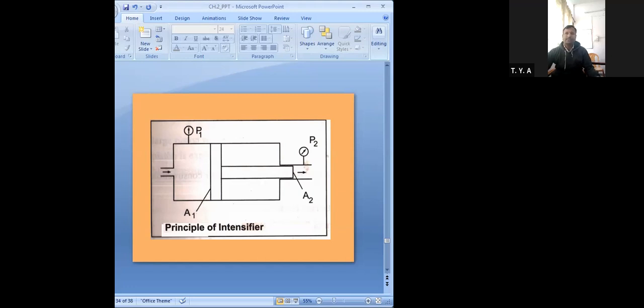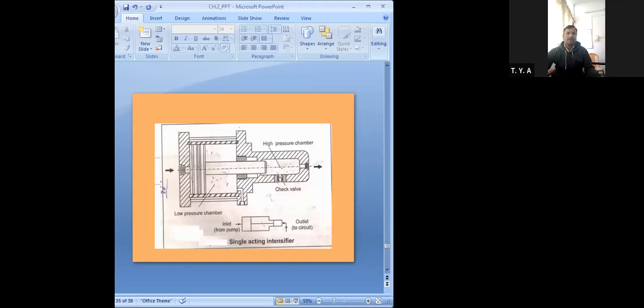Getting it? Whatever I have explained was the single acting intensifier, and this is another figure of the single acting intensifier. You can see here we have the low pressure chamber.